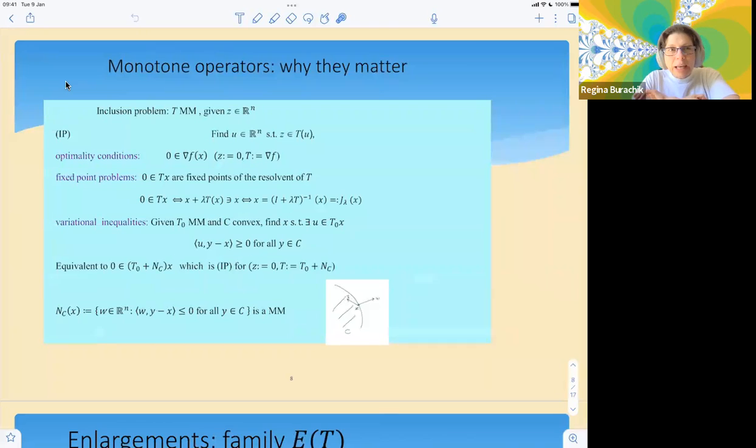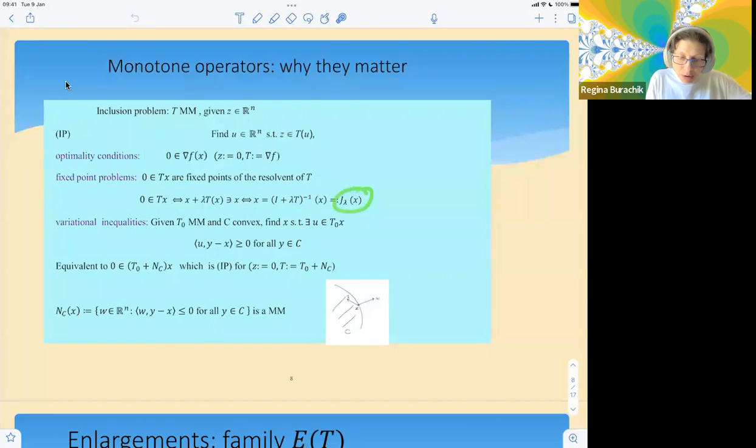And I told you that maximally monotone operators are important, and I mentioned many cases in which problems involving maximally monotone operators arise, of course, in optimality conditions where T is the gradient and the point z is 0. You can show also that fixed point problems are equivalent.